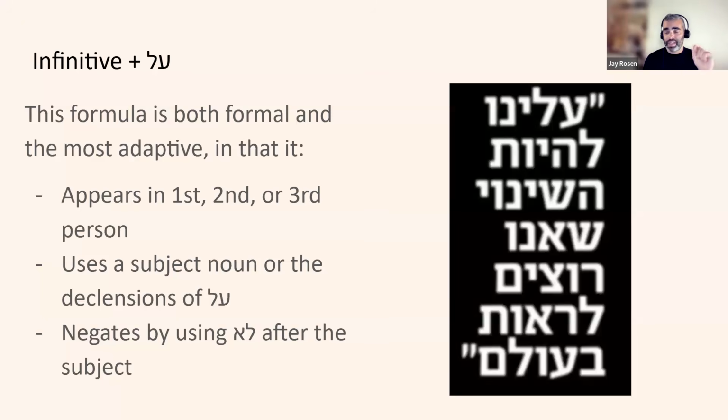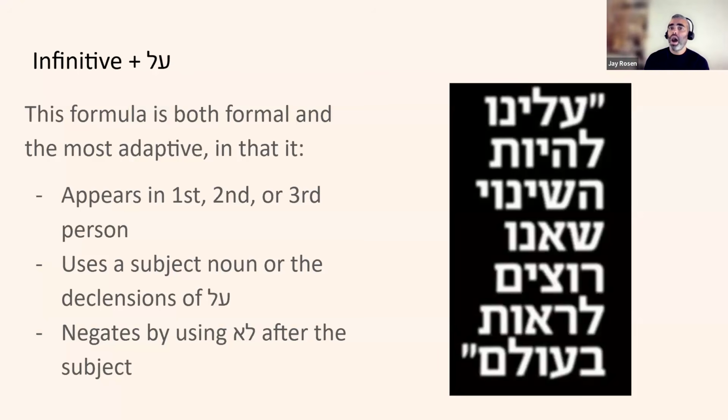And that's the power of this al plus the infinitive, because we can tweak it either by using the declensions of al, alai, alecha, alav, aleha, and I'll show you that table in a second, or we can add a subject afterwards. Al kulam l'shabeach. Everyone must praise, right? If kulam is everyone, al kulam, it is on everyone to do something, right? We have that expression in English, but it really is must do something.